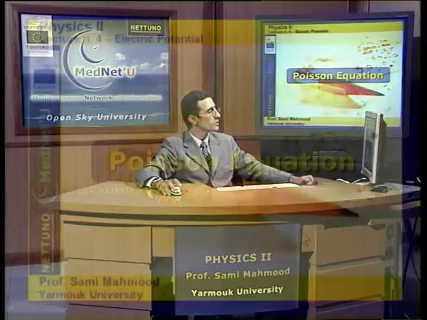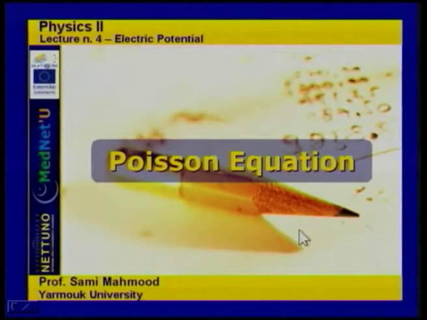And now we can go into the differential argument of the potential, and we consider the Poisson equation. The Poisson equation is a formulation, actually, of the potential. How can we evaluate the potential?